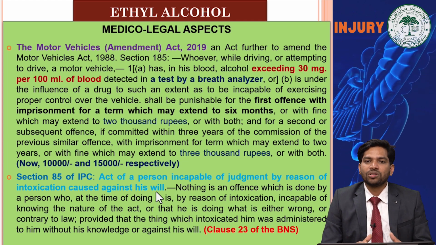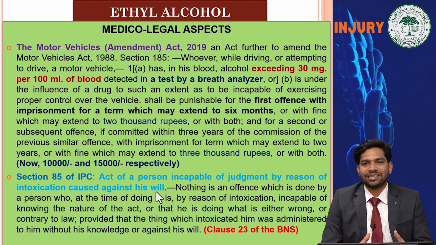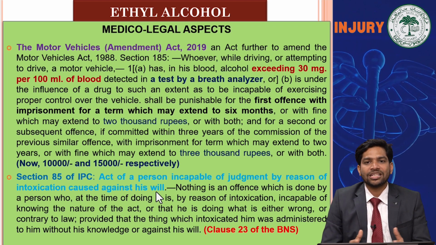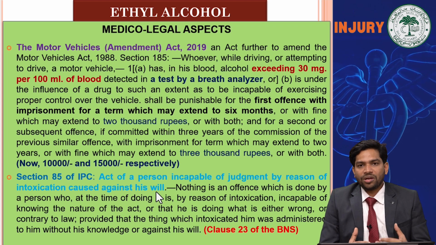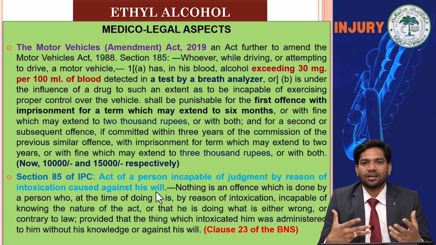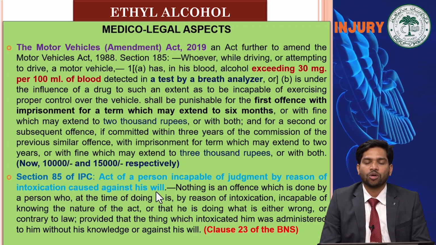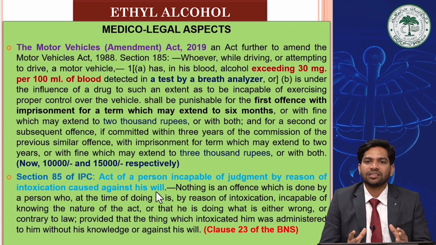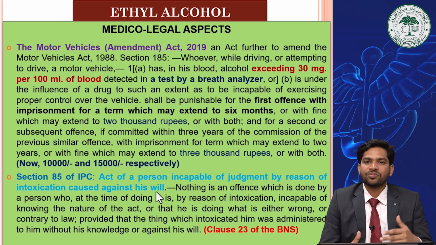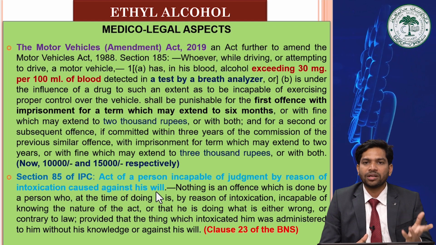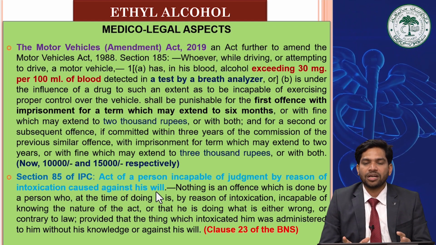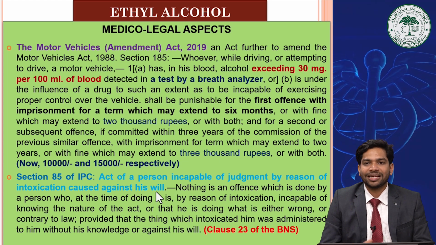From that rule, Section 85 of the IPC says that if a person is intoxicated, then he doesn't know the nature of the crime. Suppose he is totally under the influence of alcohol and he misbehaves with a girl or sexually assaults her, then it has been said that he doesn't know the nature of the crime he is committing.